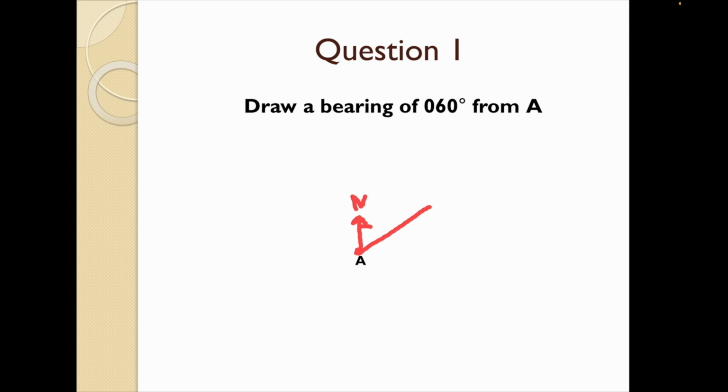Notice I'm going clockwise. Clockwise is this way. So my bearing here is 60 degrees. So notice how I drew the north arrow first, then I approximated where the 60 would land. Obviously 60 must land between 0 to 90. Okay, so that's what I did there, and that's what I have here.